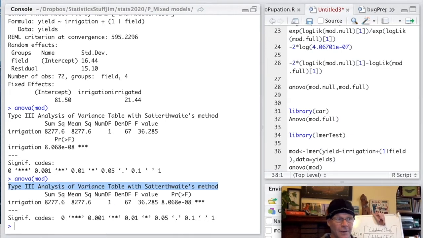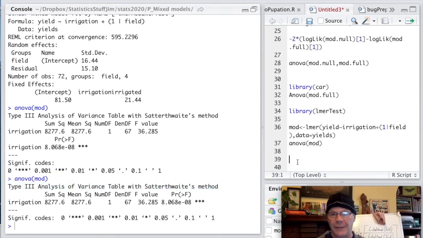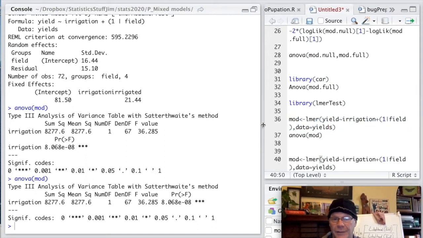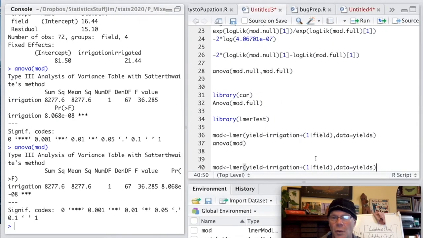So we can do one more thing since we've got time. Let's think about the old school way of doing things. The old school way, before we were using REML, or restricted maximum likelihood for the error term, would have been to simply put field in the model.